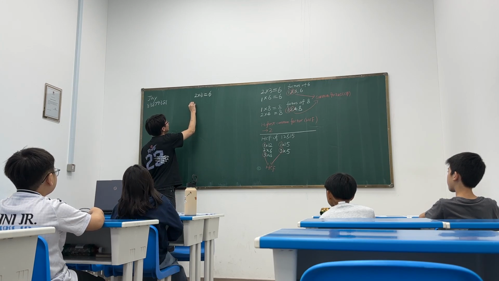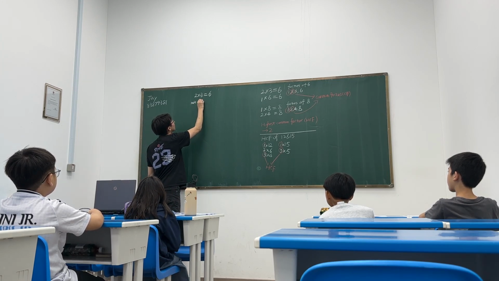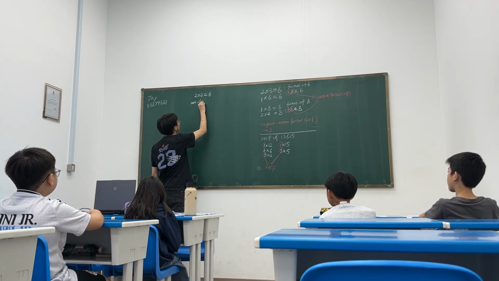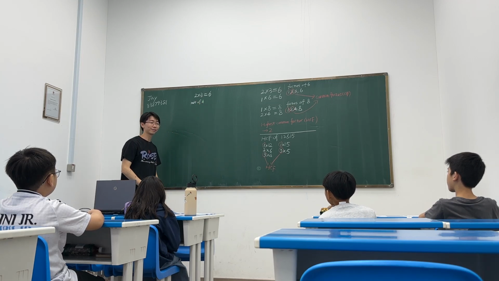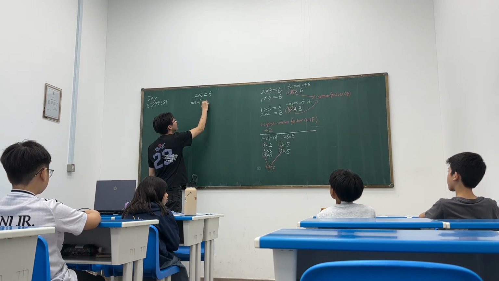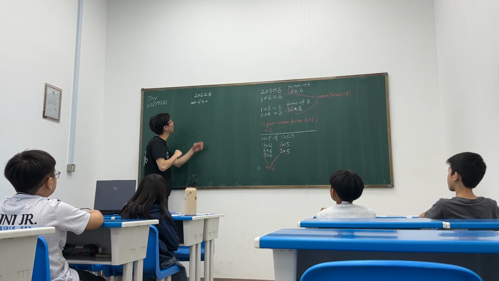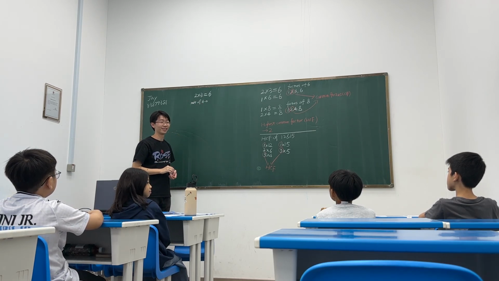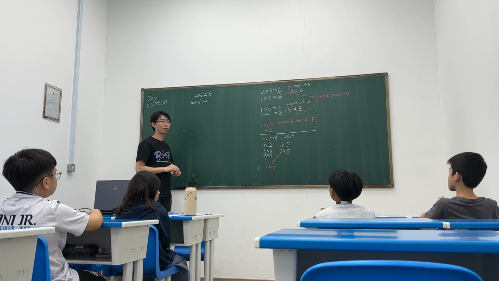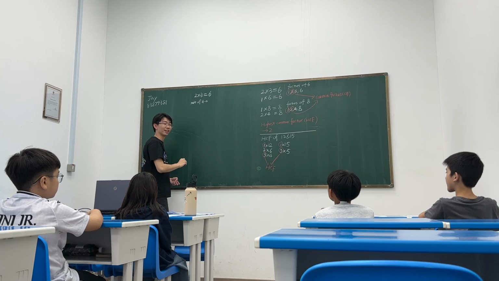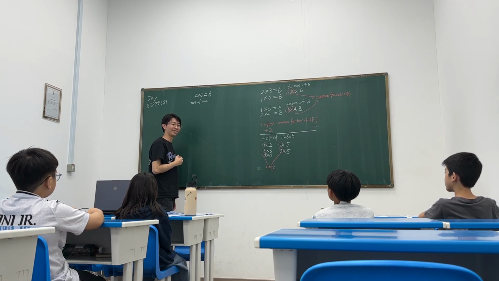Okay, let's recall, how do we find out a multiple of a number? For example, how do we find out a multiple of, let's say, number 4? Wyatt? We try to find out all the multiples of 4. Then you just list. Can you tell me one multiple of 4?